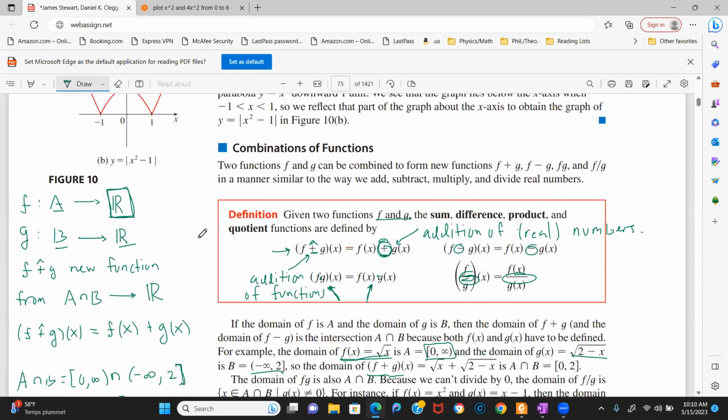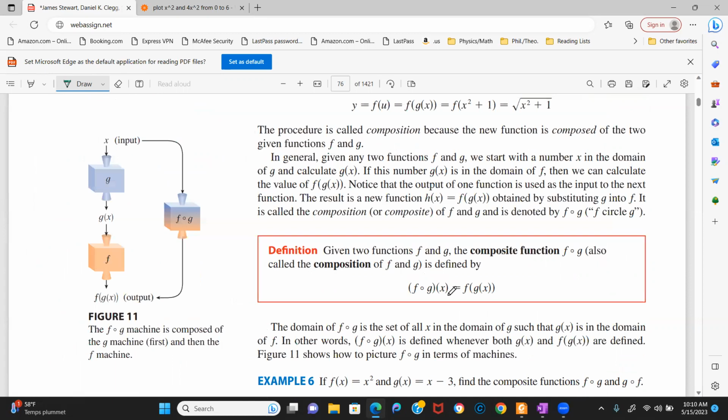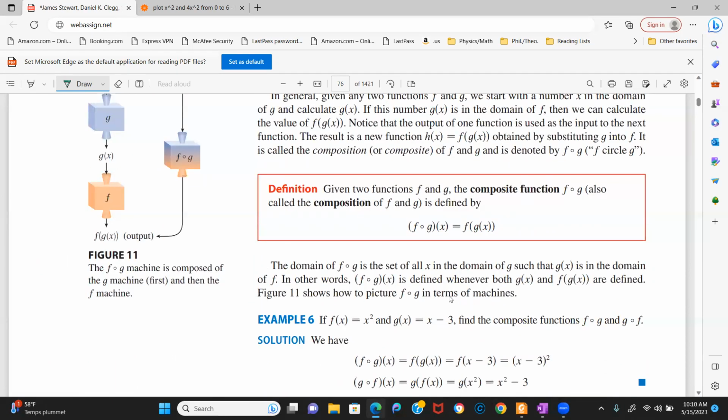And now for an example, there's another type of combination of functions that doesn't depend upon R having arithmetic, and that's a composition. This works for any type of functions. If I give you two functions f and g, you can find the composite function as f compose g.